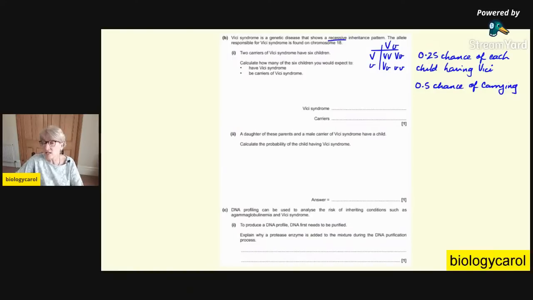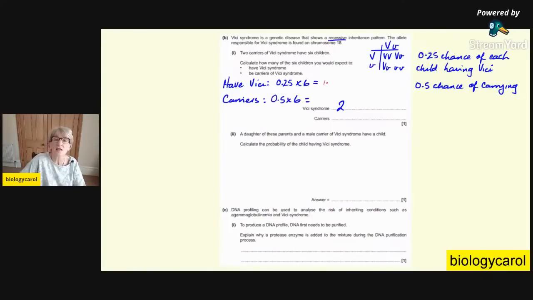You'd have a 3-to-1 phenotype ratio in offspring, a 25% chance of each child having Veitch, and a 50% chance of a child being a carrier for Veitch syndrome. To have Veitch, you've got a 0.25 chance. 0.25 times 6 is 1.5.